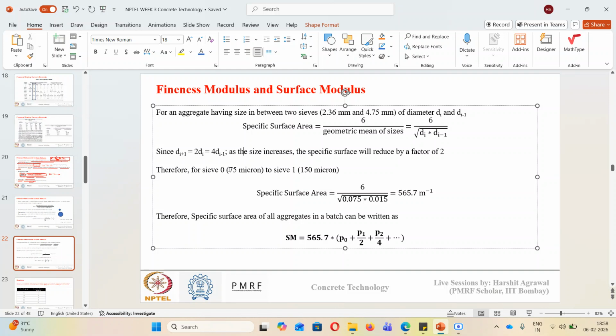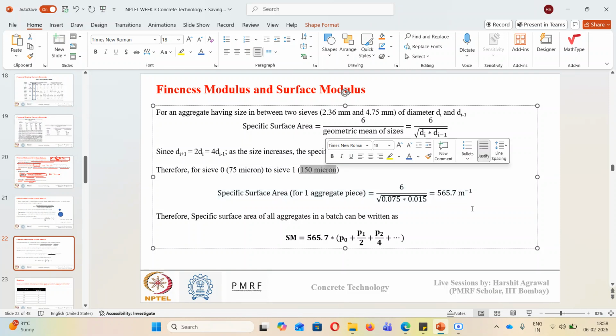If the 0 size is 75 micron and the first size is 150 micron, then the specific surface area for one aggregate piece between these two sieves is nothing but 6 upon the square root of 75 micron and 150 micron.